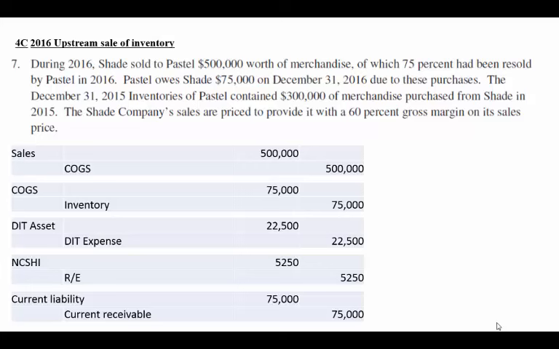COGS appears here twice, so the $500,000 from the elimination of the sale and the $75,000 offsetting that, eliminating the intercompany profit. So both of those amounts will need to be pulled into our calculation. Now you could choose to net the amounts to include in your direct balance, but if you choose to do so, make sure you show a calculation either in the right-hand column of the elimination entries, so it shows the reference going to consolidated COGS, or show a calculation in your direct balance.